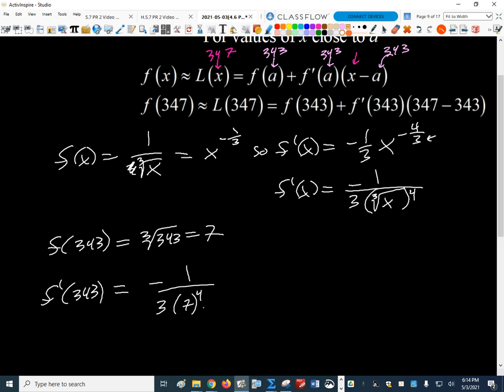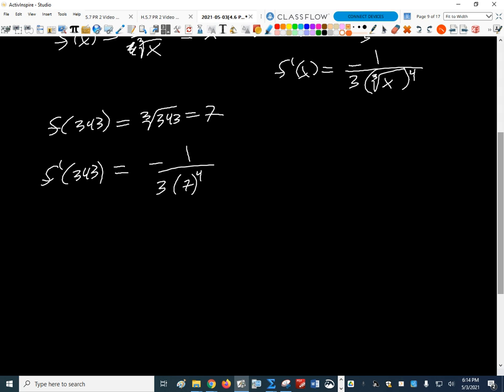49 squared is close to 50 squared. I probably shouldn't take time to do this, but think how that's going to be different from 50 squared. We know 50 squared is 2,500. Well, 49 squared, here's how I would do this.